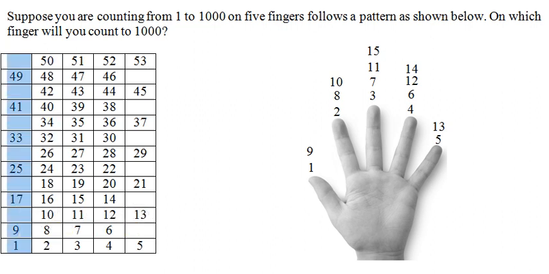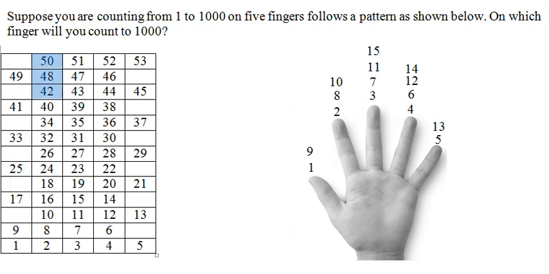If we look at the numbers 1, 9, 17, 25, 33, 41, 49, is there anything in common? They are all odd numbers. So probably you will guess that all the numbers in this column will be odd numbers. So definitely 1000 will not appear on this finger.